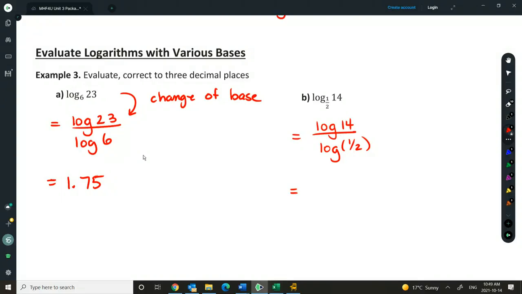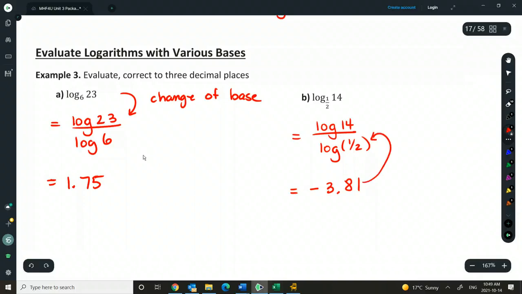It's going to be a negative exponent. Serena? It'd be negative 3.81. Yeah, everyone else got the same thing? Okay. We can check by doing 1/2 to the exponent negative 3.81 and see if we get something close to 14.